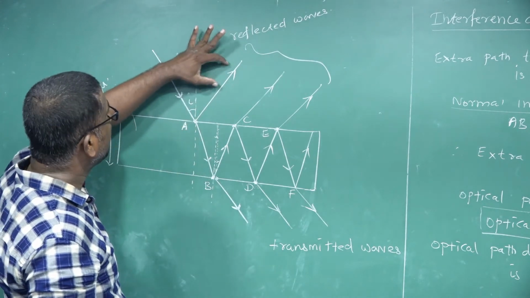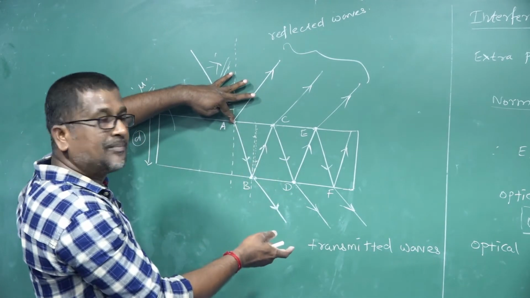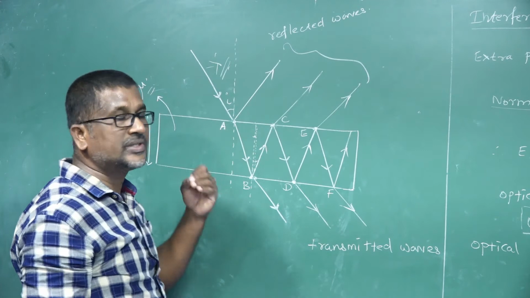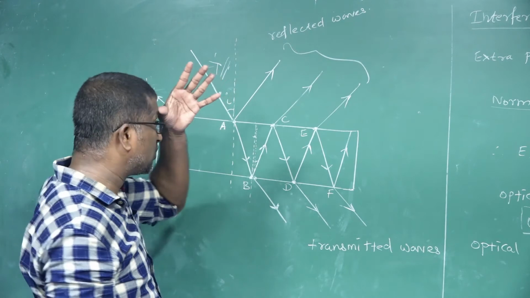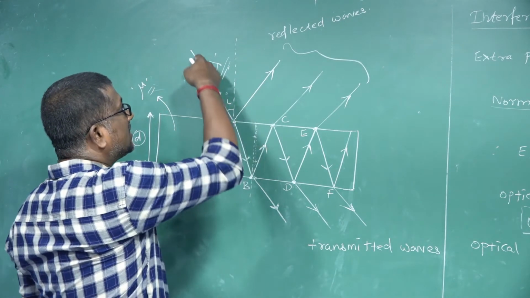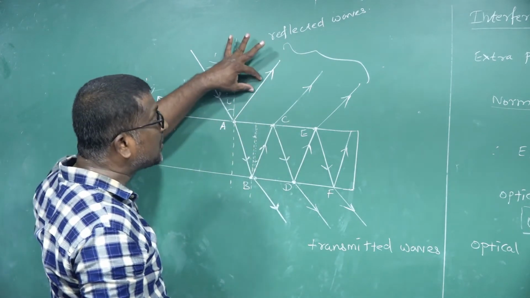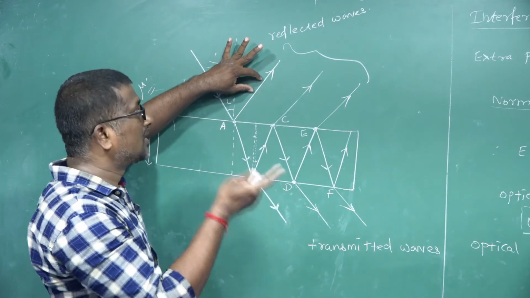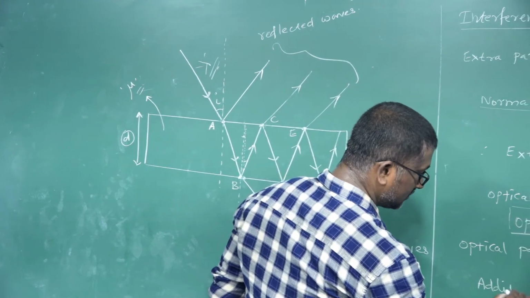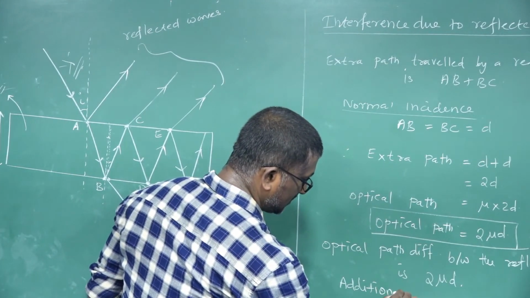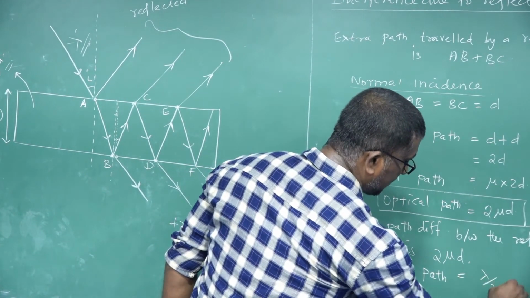But this other reflected ray travels in the rarer medium and gets reflected from the surface of the denser medium, so it automatically undergoes a phase change of pi and a path change of lambda by 2. So the additional path is equal to lambda by 2.